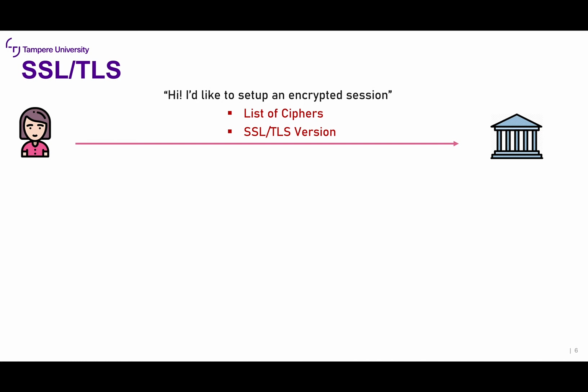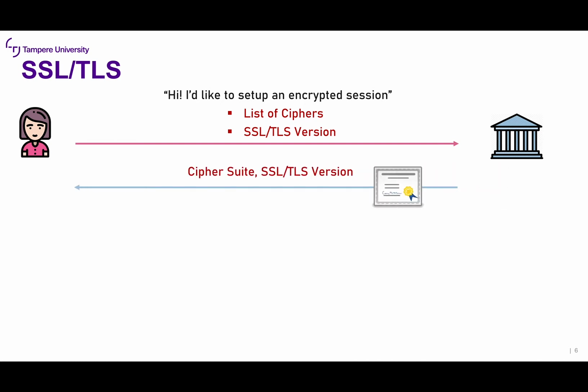Okay, Alice's browser and Trent's server, and he will reply back to Alice by saying, "Okay, Alice, so here is the cipher suite that we will use to encrypt our data. Here is the SSL TLS version that we will both use, and here is my digital certificate through which you can basically obtain my public key, right? And also verify my identity."